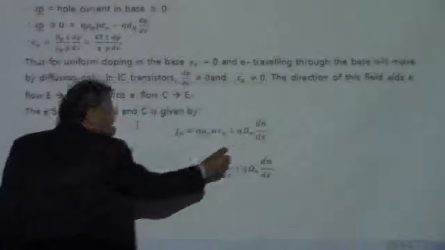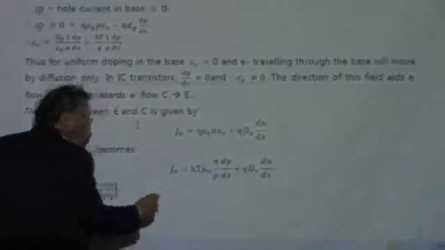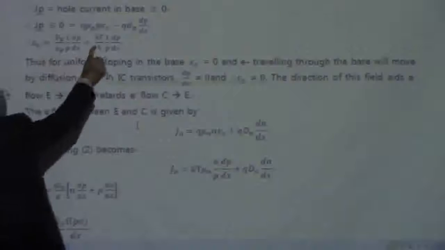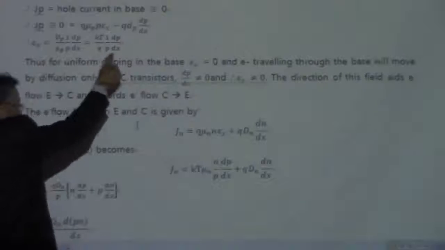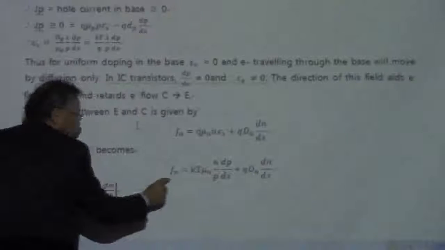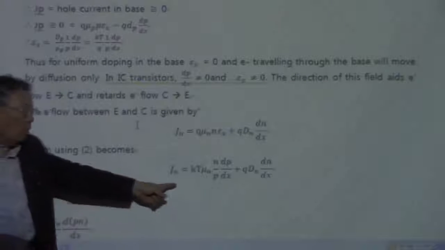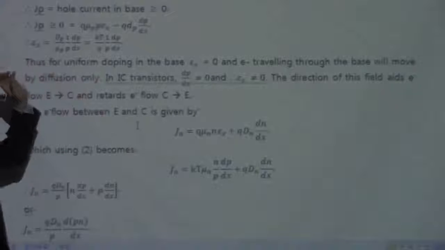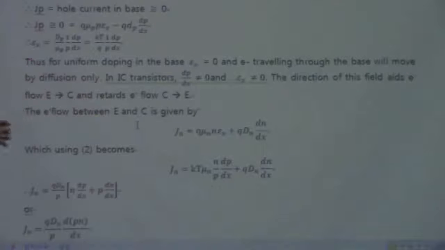So it consists of two terms, and we substitute the electric field that we derived here to get the electron flow between the emitter and the base. So this is the equation for the electrons to flow from the emitter to the base.